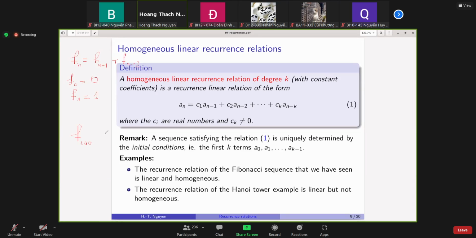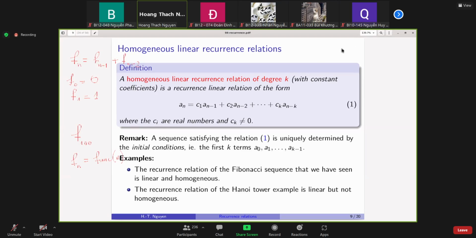So maybe if we have some analytic formula, if we can write f(n) as some function of n, for example, then it may be easier to calculate the terms, the generic term and arbitrary term of the sequence.